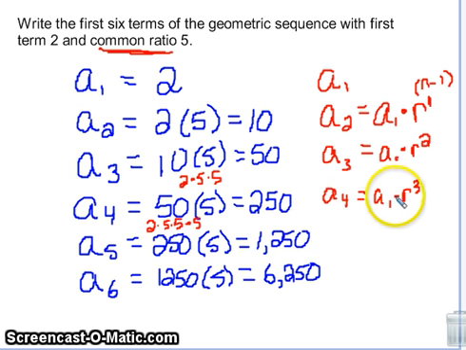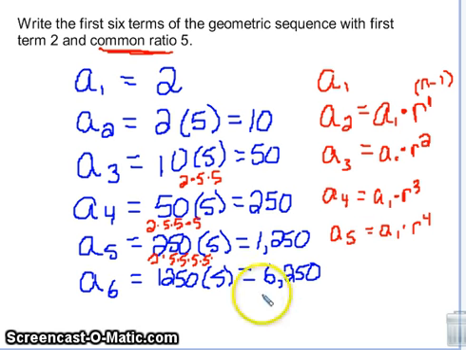That's where a sub 1 times r to the n minus 1 is coming from. I think it's pretty cool. You take that 2 times 5 times 5 times 5, and we've got 1, 2, 3, 4, and then we get one more. That gives us our a sub 5 equals a sub 1 times r to the 4th.